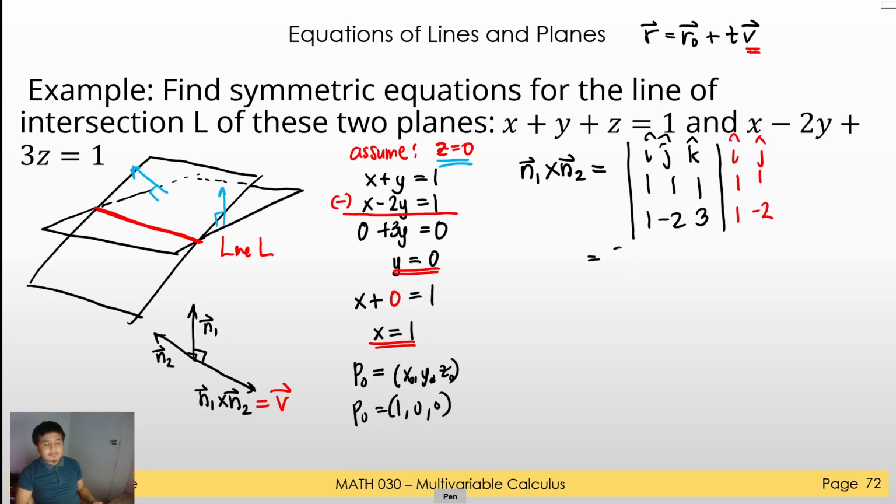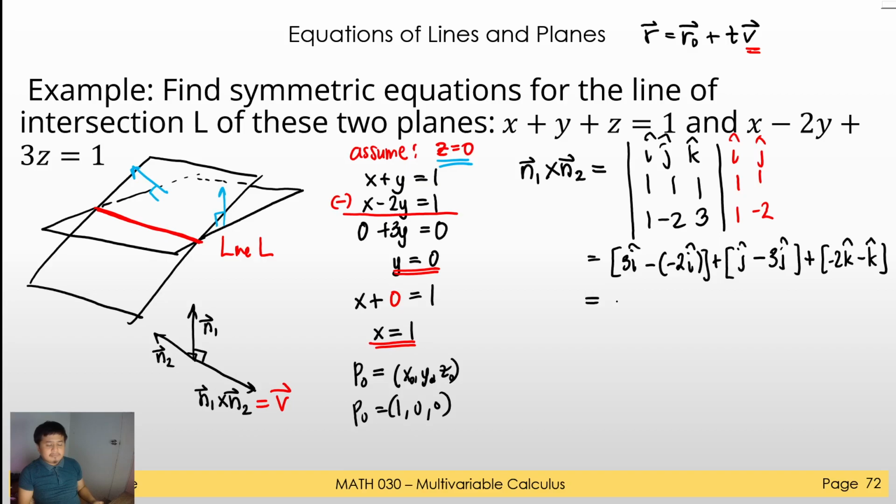So we have 3i, and then minus negative 2i, plus j, minus 3j. And then for the k, plus negative 2k, minus k.